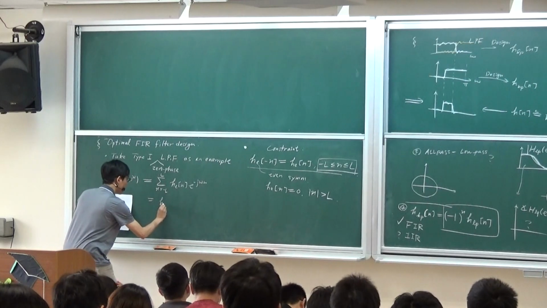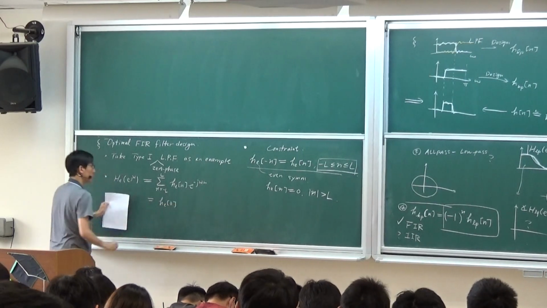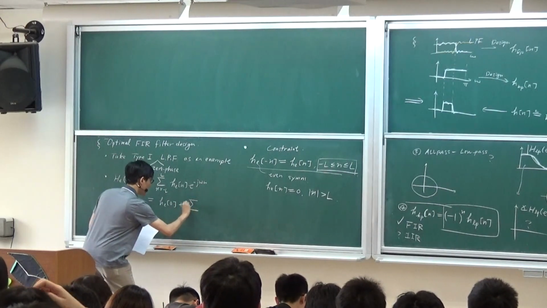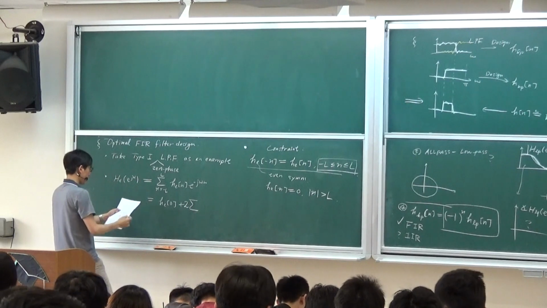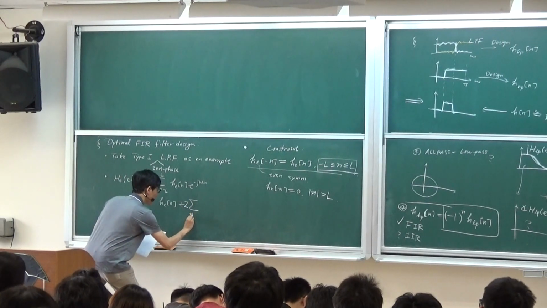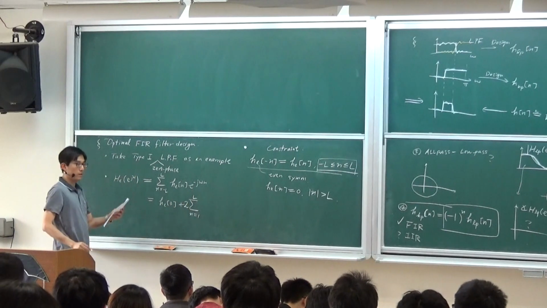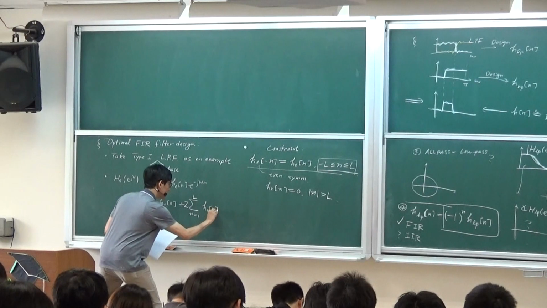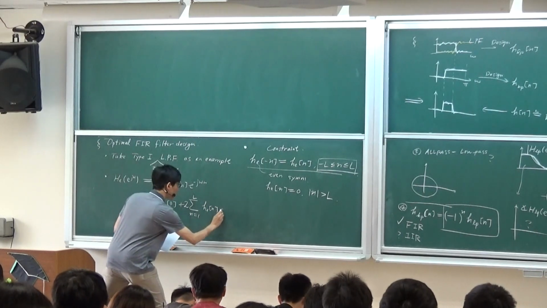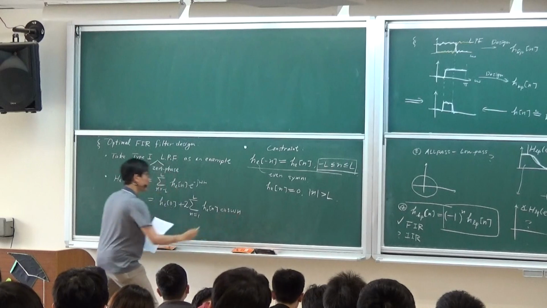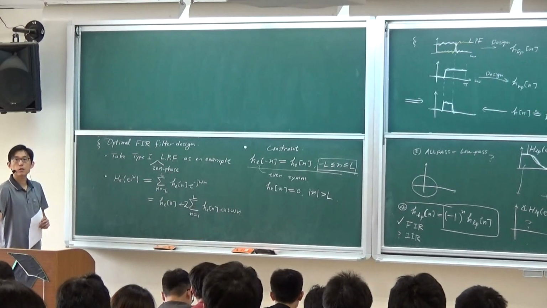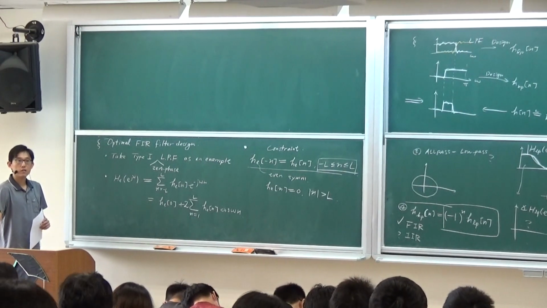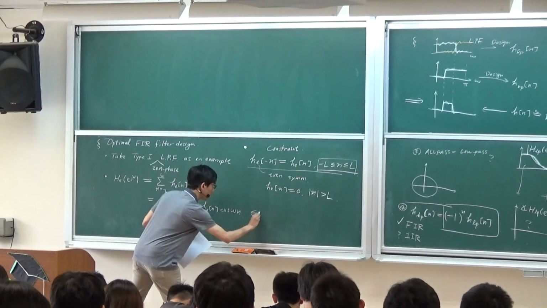The result is going to be equal to the term at time 0 plus 2 times, because of symmetry there's a factor 2 here, the sum with time index running from 1 to L of h_e[n] cosine ωn. Because e^{jωn} plus e^{-jωn} is 2 times cosine ωn. Okay? I hope this looks kind of familiar to you.